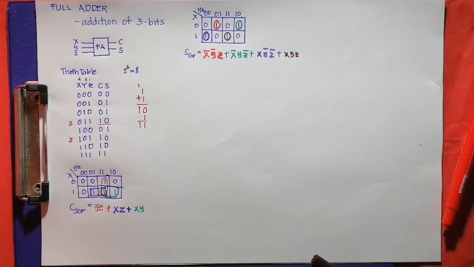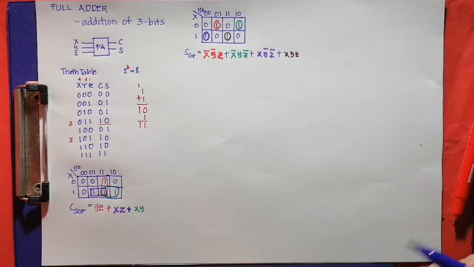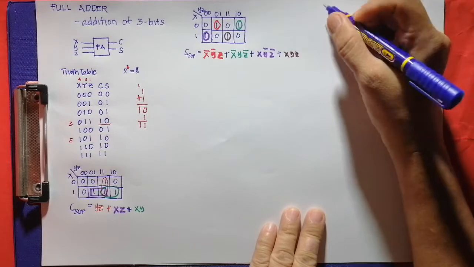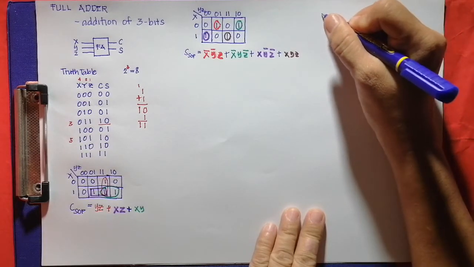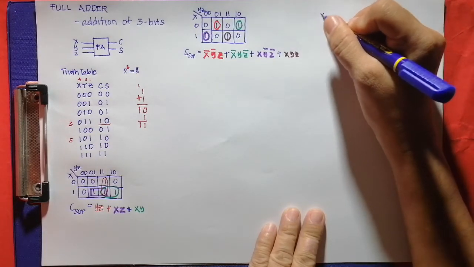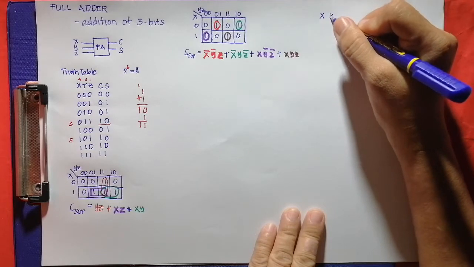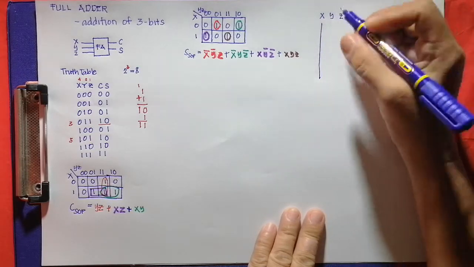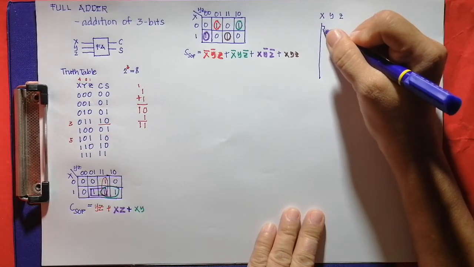the circuit. So how are you going to design it? You can have it this way. So we have here y and z, you can have it this way.